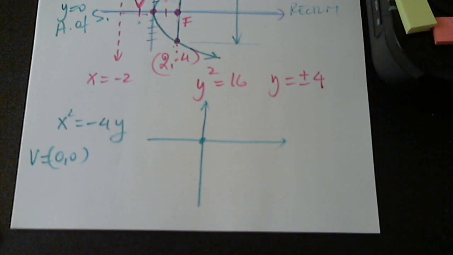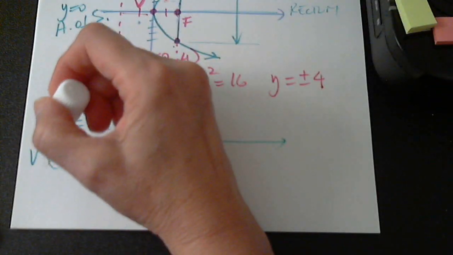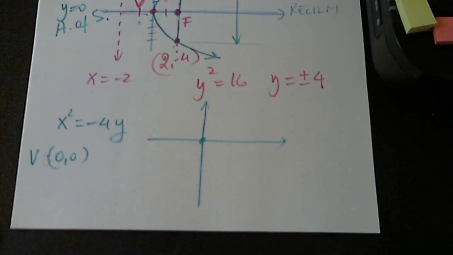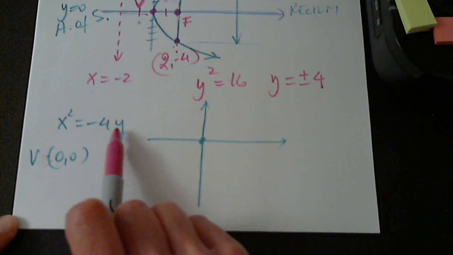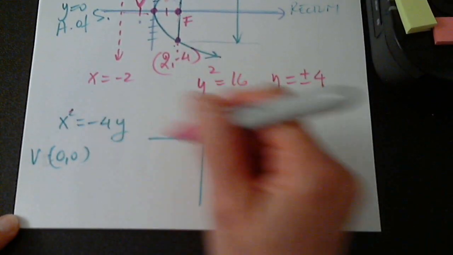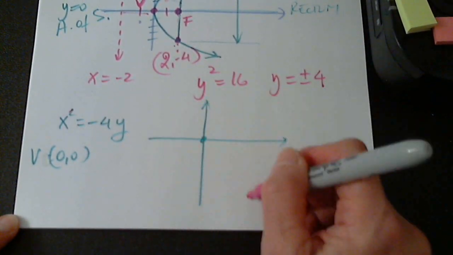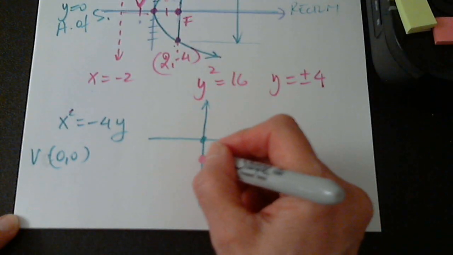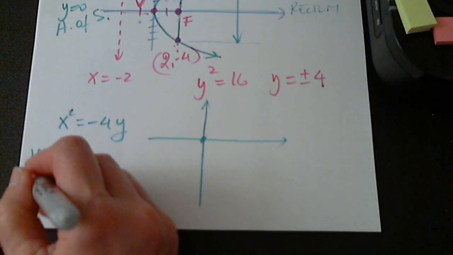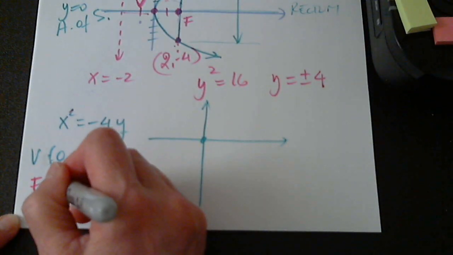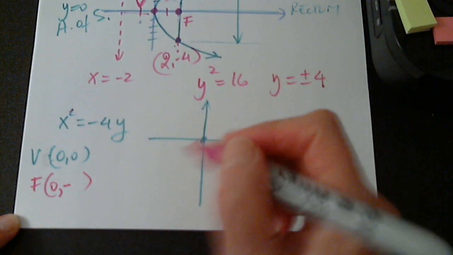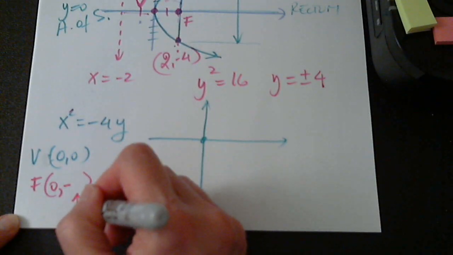It's a point. The vertex is the origin. When x is 0, y is 0, obviously. Then the fact that we know the parabola will open downward, the focus will be somewhere here. So the focus will have 0 for x and a negative y value.